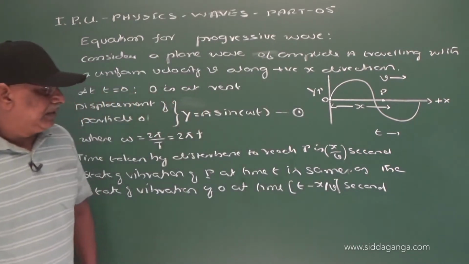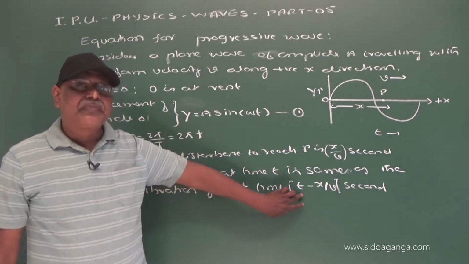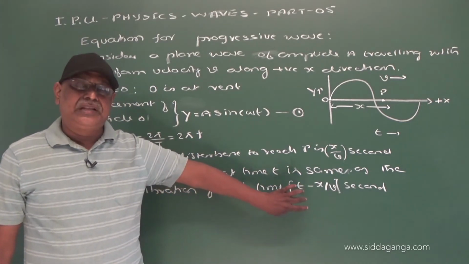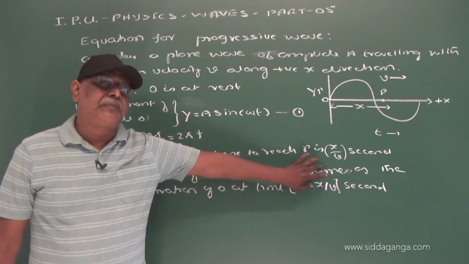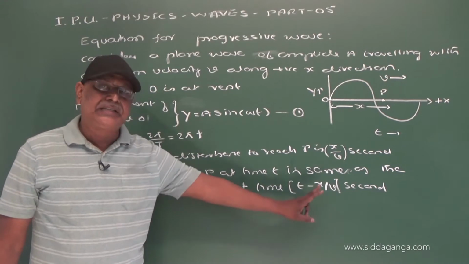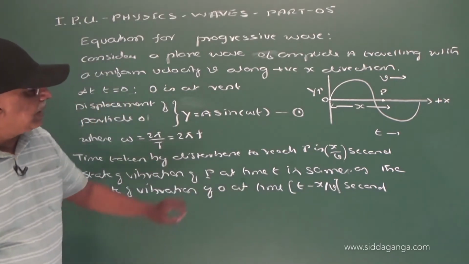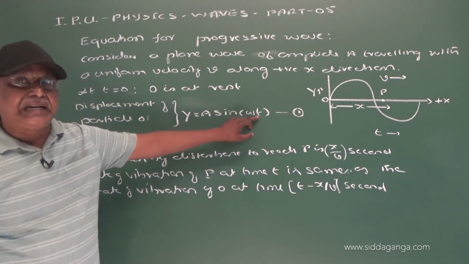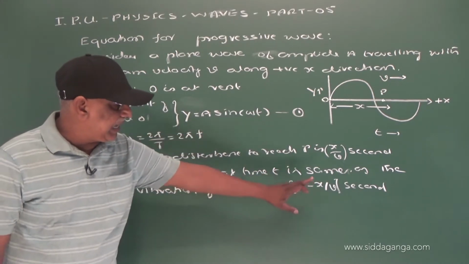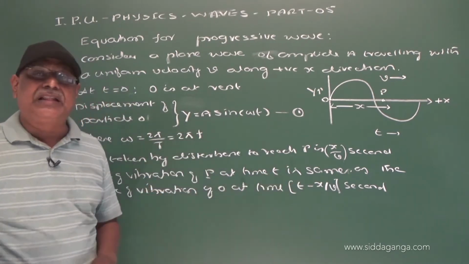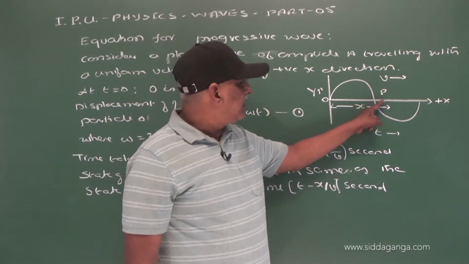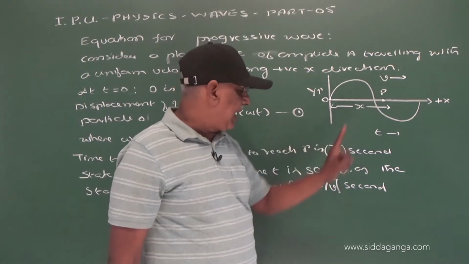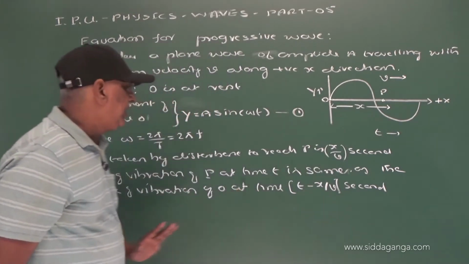That means the time at which the phase of O equals the phase of P at T is T by 6 pi. So, replacing this T by T minus x by V in this equation, we can get the displacement of the particle P at an instant of time T.